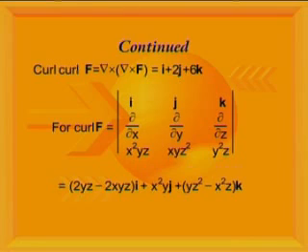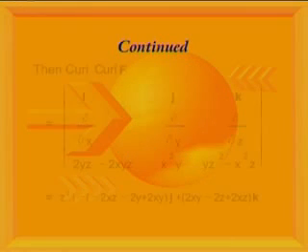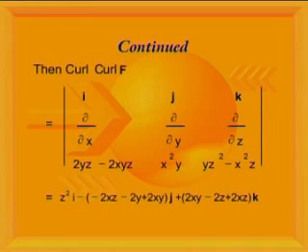Again we have this vector and we are going to find the curl of this. Again we write the determinant: i, j, k in the first line, the operator in the second line, and the components of the vector in the third line. Expanding and solving this determinant, we get z square i minus (minus 2xz minus 2y) plus 2xy j plus 2xy minus 2z plus 2xz k.